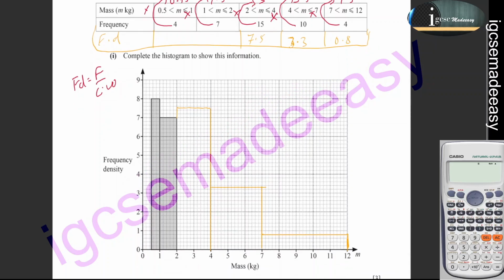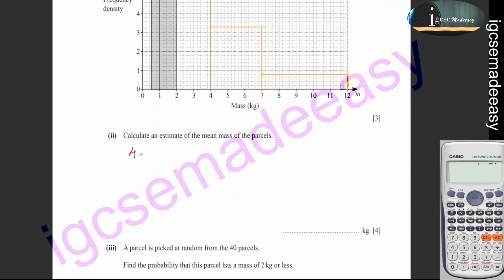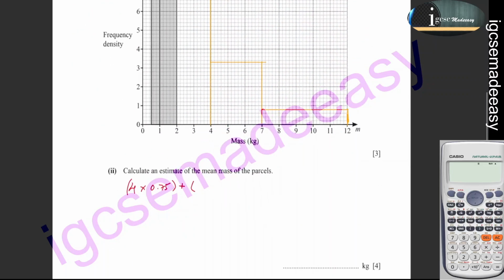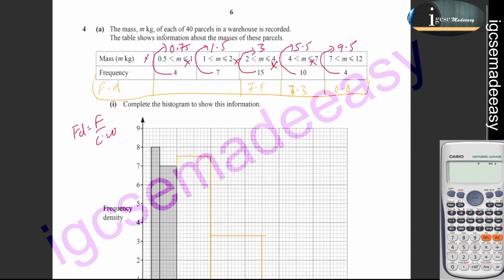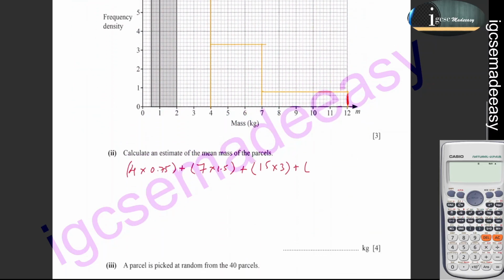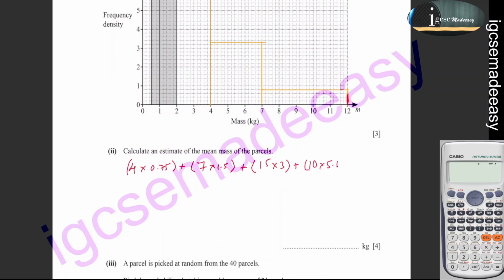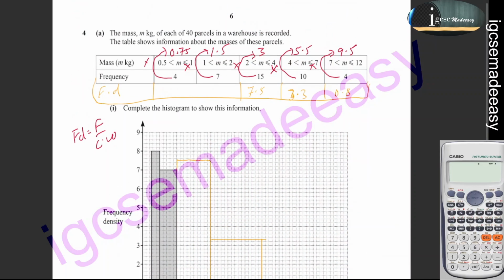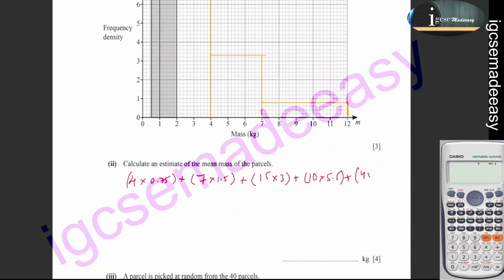Let's multiply first. 4 into 0.75, plus the next value, 7 into 1.5, plus the next value, 15 into 3, plus 10 into 5.5, plus the last value, 4 into 9.5.